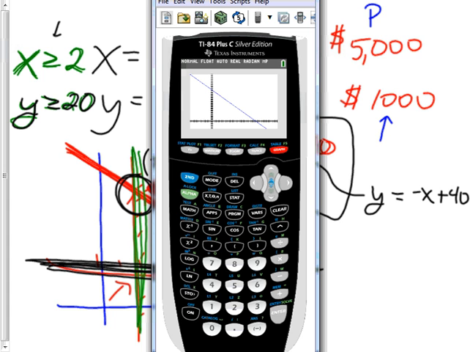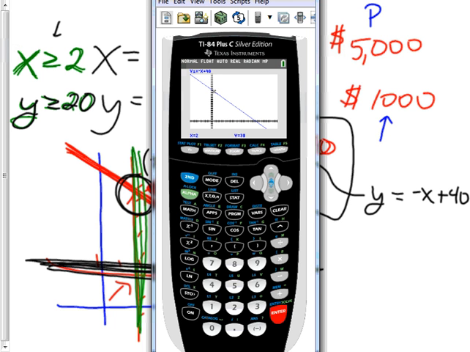All I have to do is hit the trace button and then type a 2. And you get how it instantly pops up X equals 2? Isn't that cool? Hit trace and then a 2. Now I hit enter, and it's as if they put a line in there and it sees where the two lines cross.